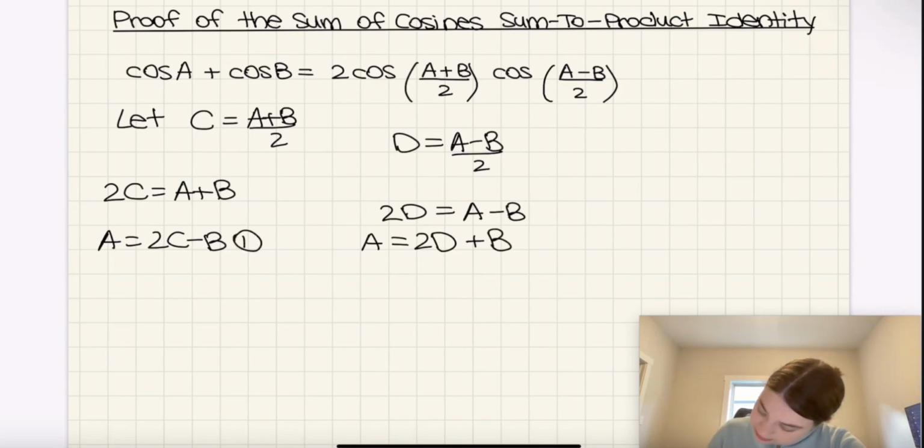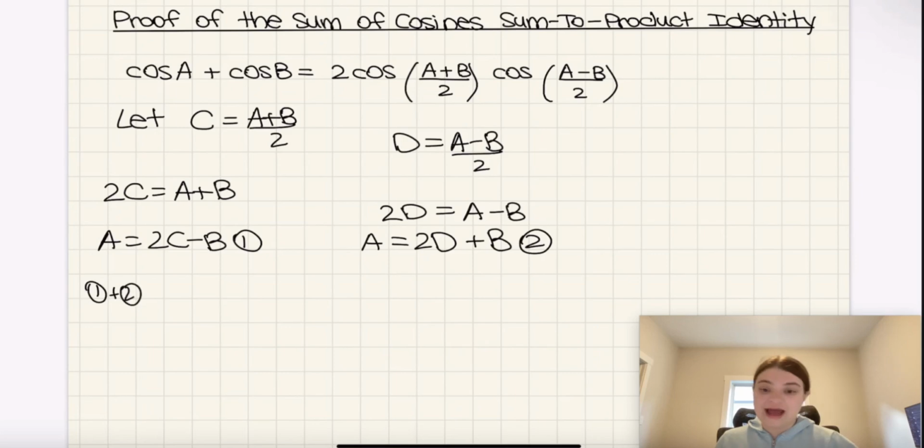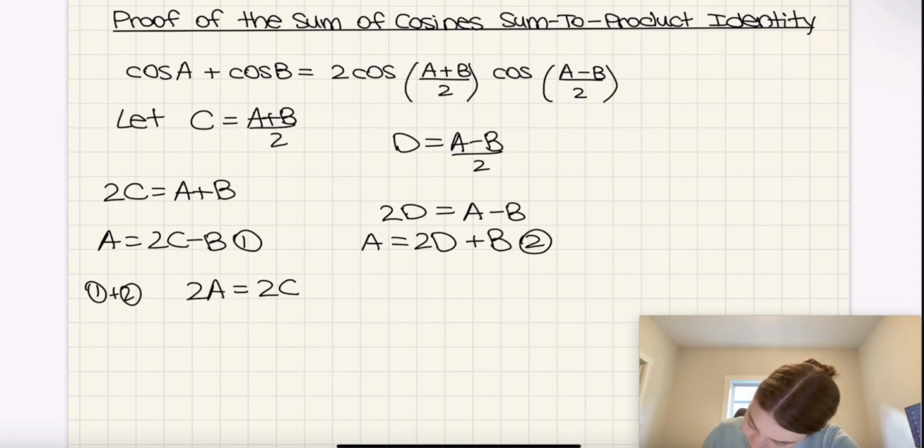So now let's let this be equation 1 and this be equation 2. I'm actually going to add the full equations together. That means I'm going to add the left sides together and the right sides together. So A plus A just gives us 2A, and then we have 2C minus B plus 2D plus B, right?